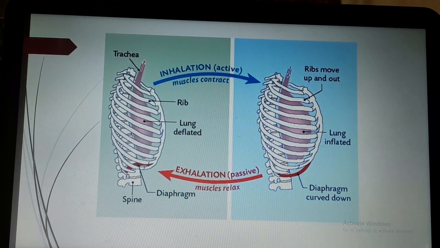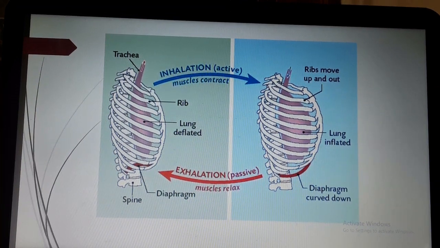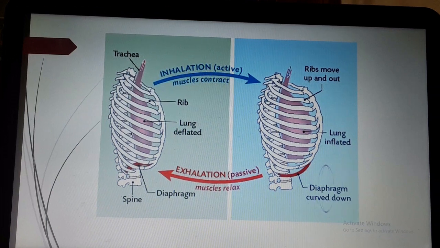Now first figure, left side, inhalation. For inhalation, it is going to be expanded, in the right side, exhalation. So for this expansion of the lung cavity, what do we need? Three main things. Never forget. First, the diaphragm that curves down up to 1.5 centimeter.